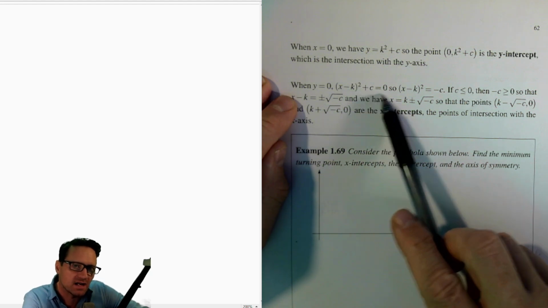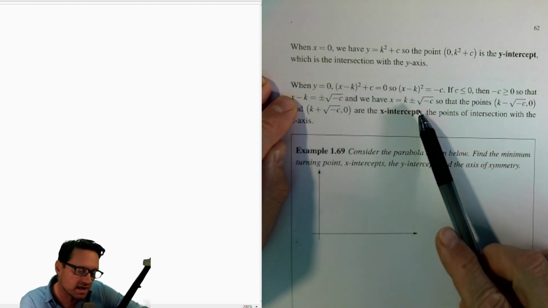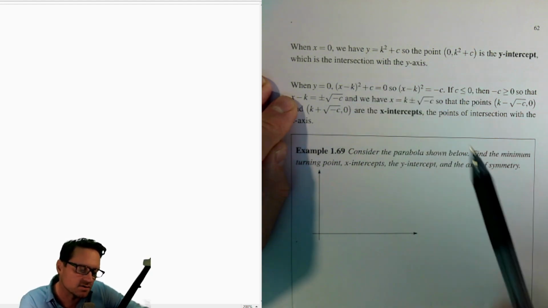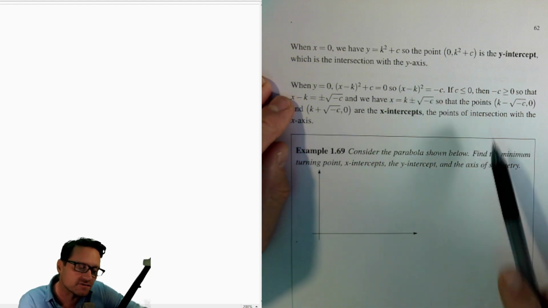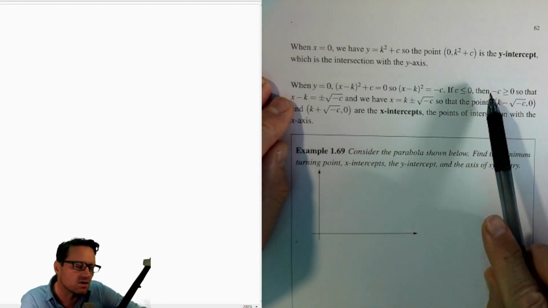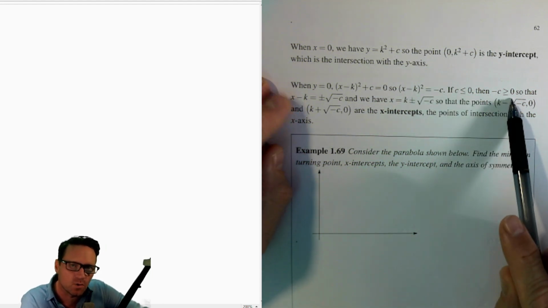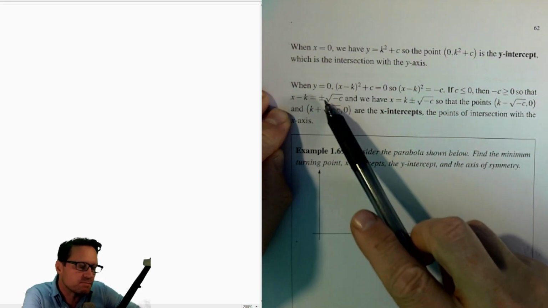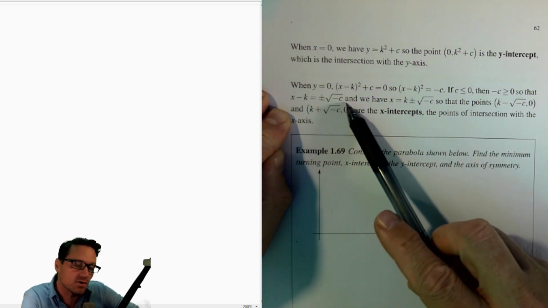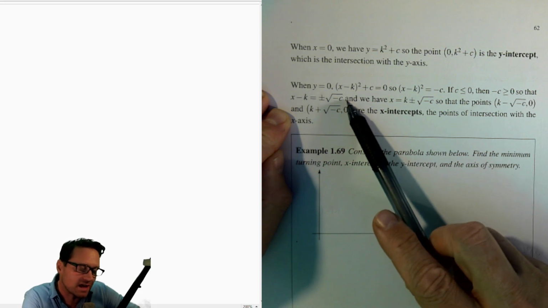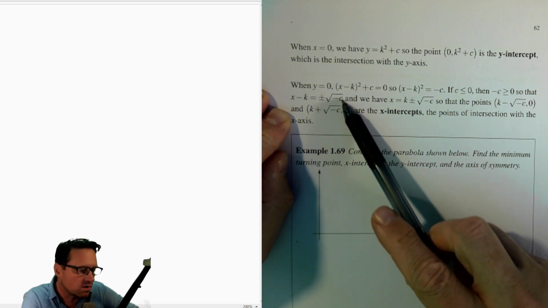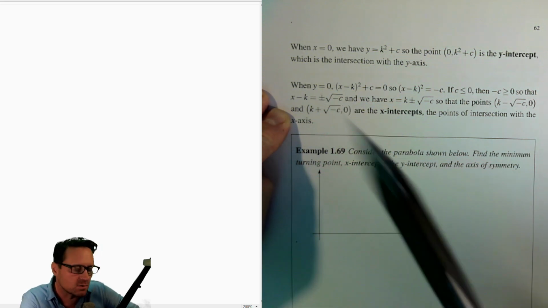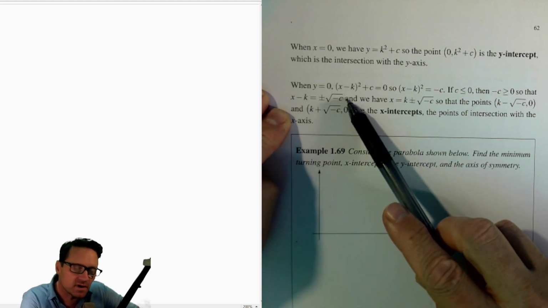Now, when y is equal to 0, we have (x minus k) squared plus c is 0. Rearranging this, taking the c over to the right-hand side, (x minus k) squared is minus c. If c is less than or equal to 0, then minus c is greater than or equal to 0, so that x minus k, taking square roots, is plus or minus the square root of minus c. In that case, where c is negative or 0, minus c will be positive or 0, and so that square root is a real number.